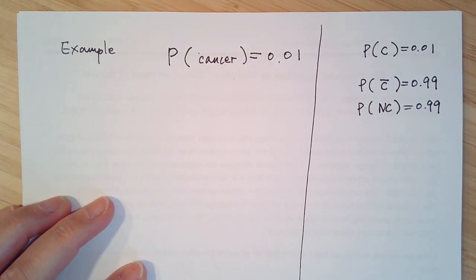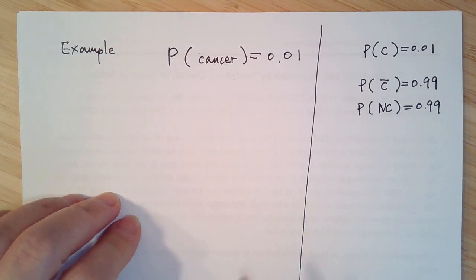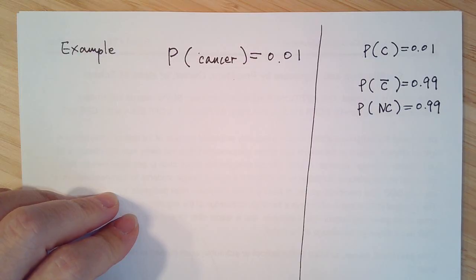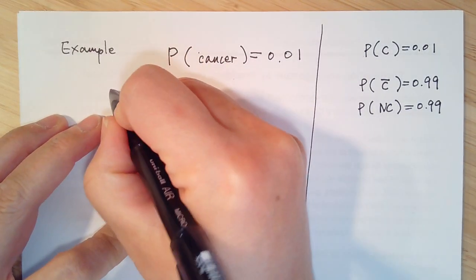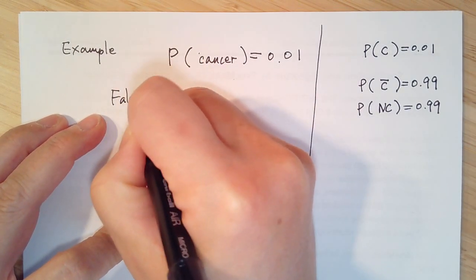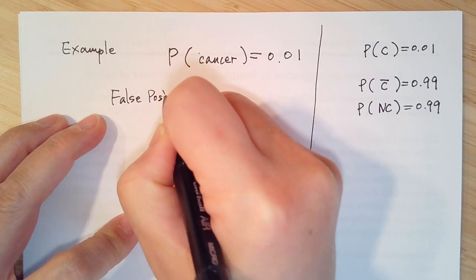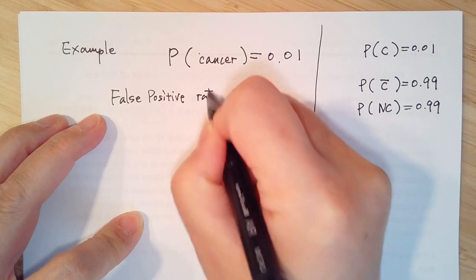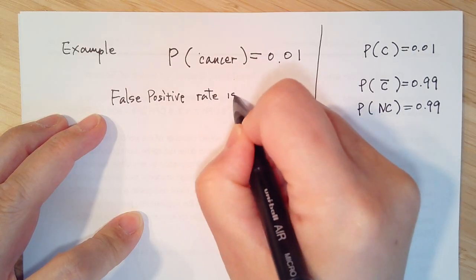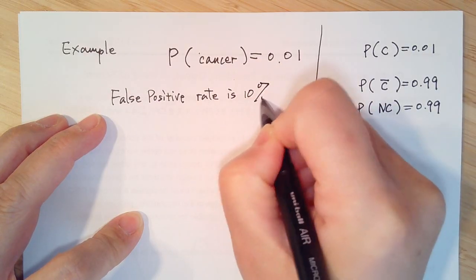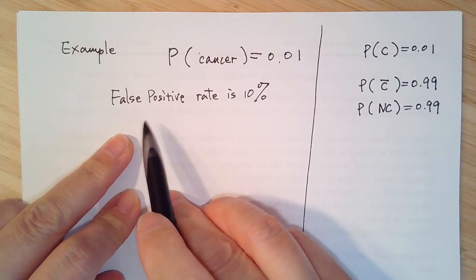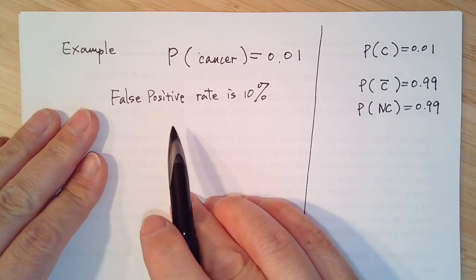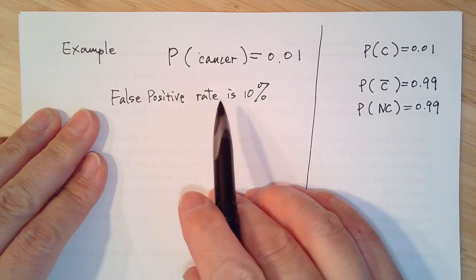Now the second condition: we know that 1% of the population has cancer, and the false positive rate is 10%. Do you remember what a false positive is?